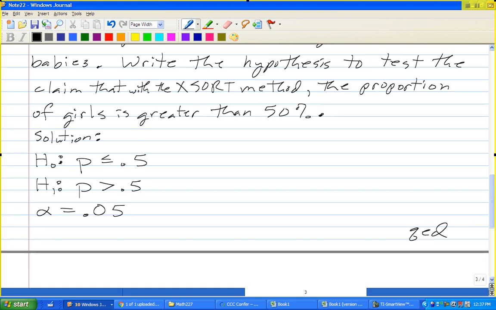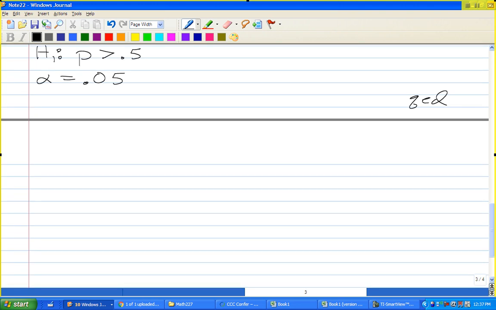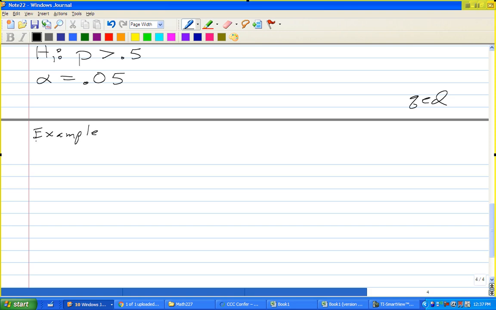Let's do another example. Determine if the following hypothesis test is one-tailed, two-tailed, right-tailed, or left-tailed. So I have the null hypothesis, p equals 0.4. Alternative hypothesis, p is not equal to 0.4. Alpha equals 0.05.